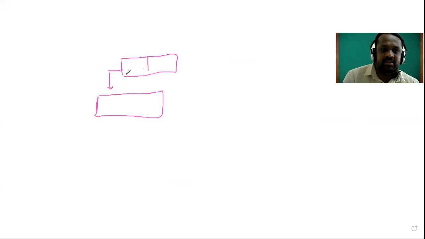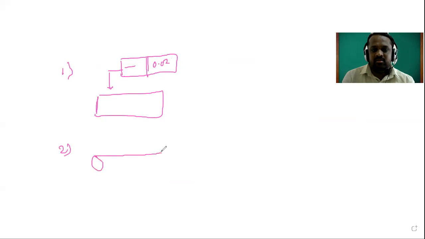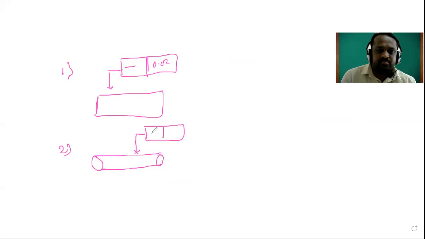In that control frame, here they will write like this, and again they will give like this also.